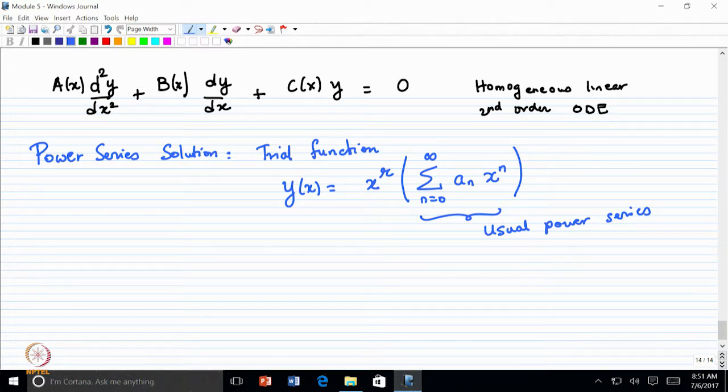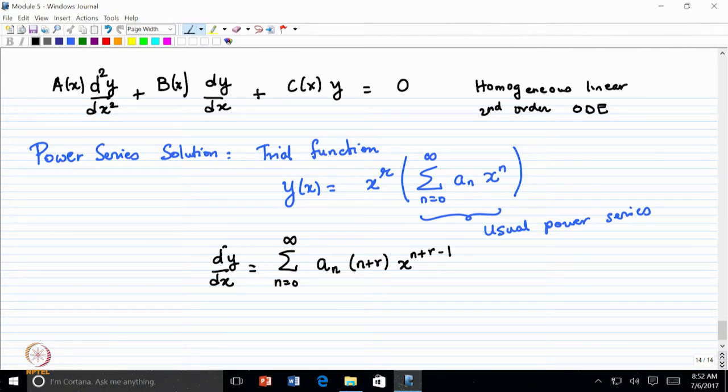Okay. Now, what value of r you should take will become clear as we do this method. But the basic idea is you are going to take this form of the solution and calculate the derivative. So, once you do this, then you can write dy/dx equal to, now I will take the x^r inside because I want to take the derivative, so the sum over n equal to 0 to infinity of a_n (n+r) x^(n+r-1).